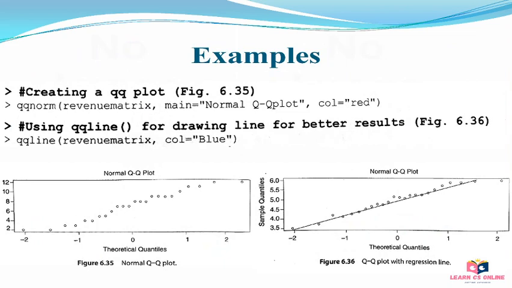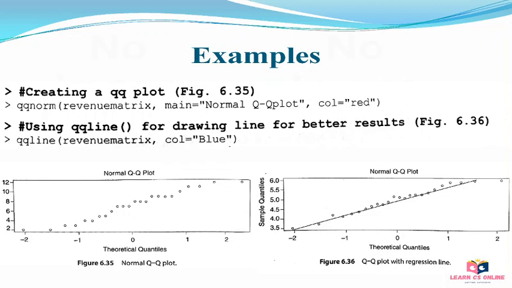This slide shows some examples of using qqnorm and qqline functions and their parameters. The function qqnorm displays red-colored dots corresponding to each observation, while the function qqline plots a straight line in blue color covering the maximum number of dots.